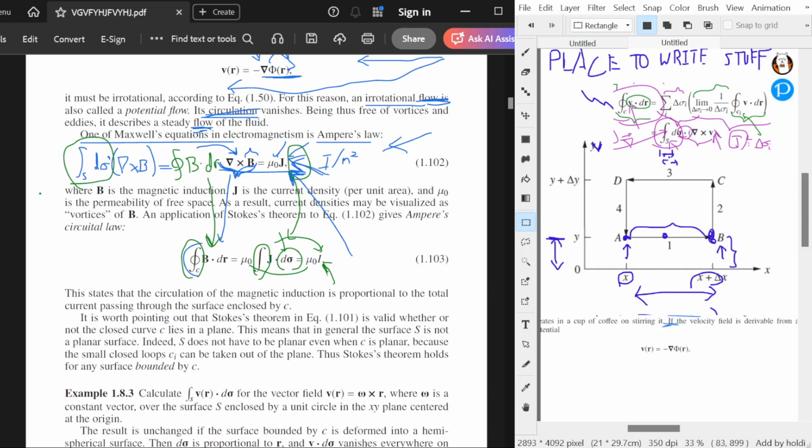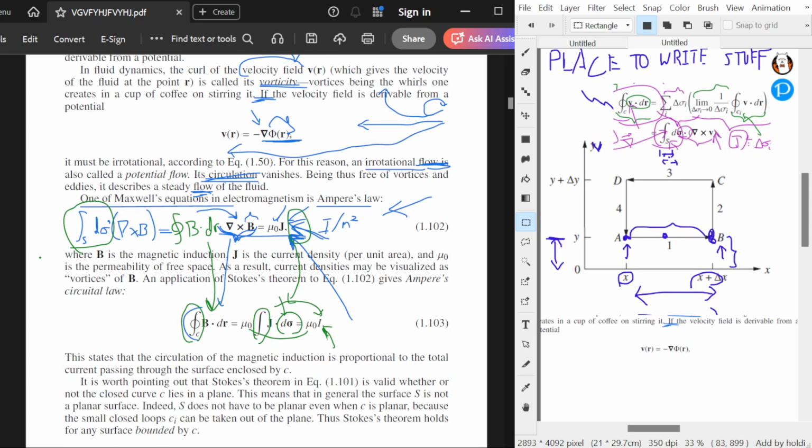This states that the circulation of the magnetic induction is proportional to the total current passing through the surface enclosed by C. So we have a curve.